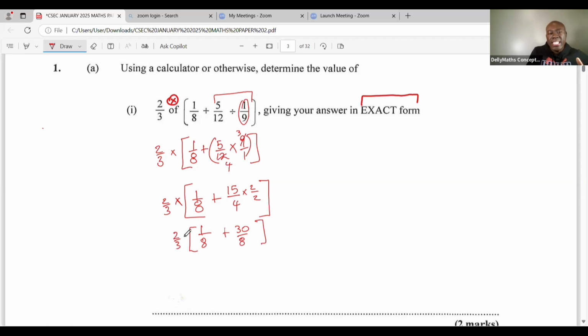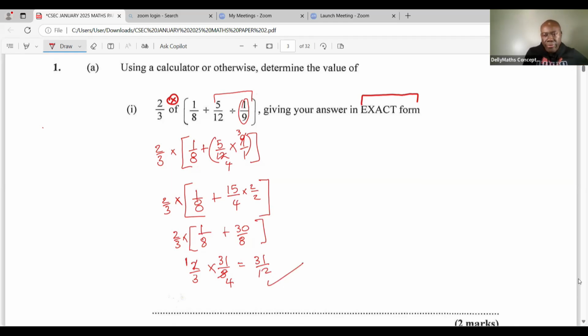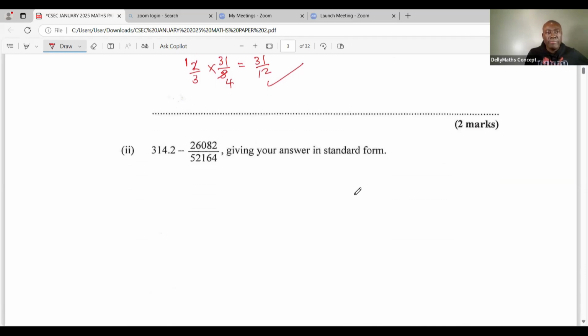So from the bracket, I have 31 over 8, and then we take 2/3 of that. I can cancel the 2 into itself, and 2 into the 8 is 4. So we're left with 31 over 12, which is good to go as an answer. That's our first 2 marks.